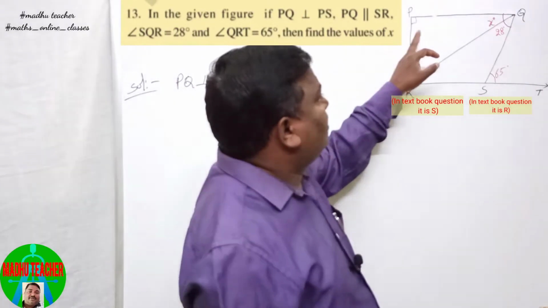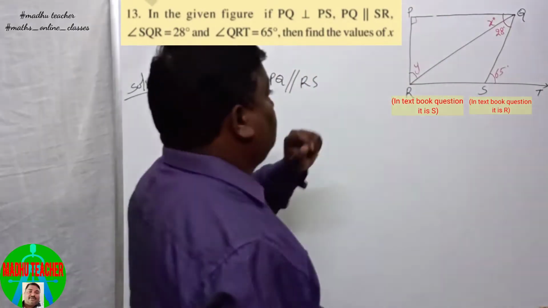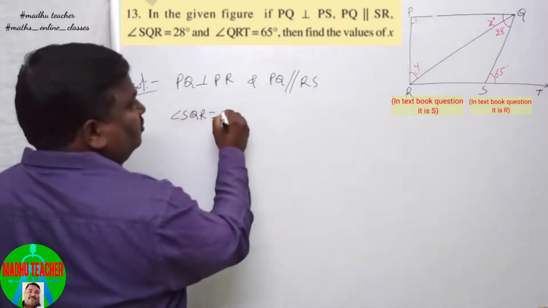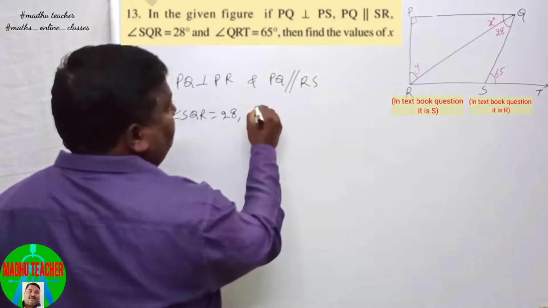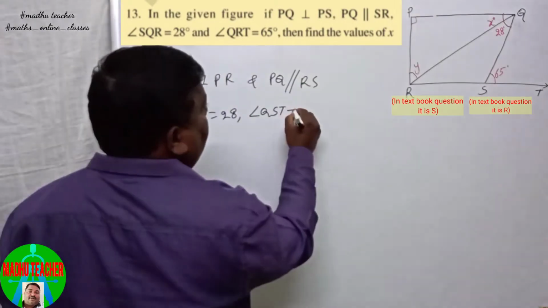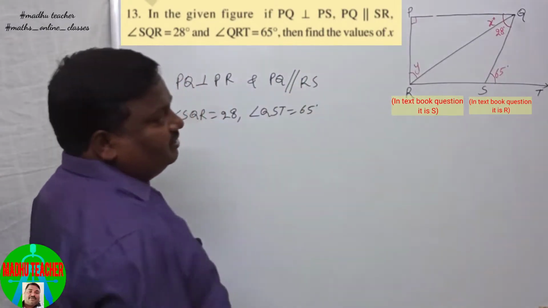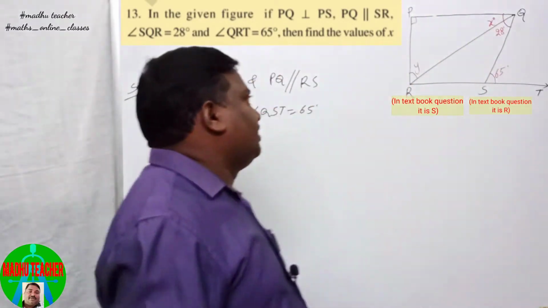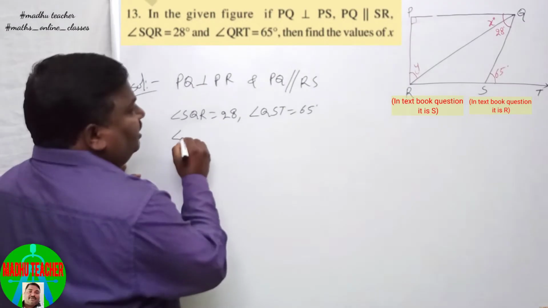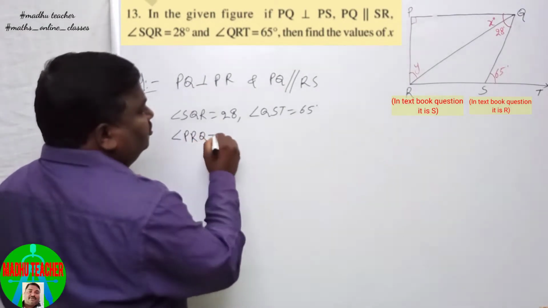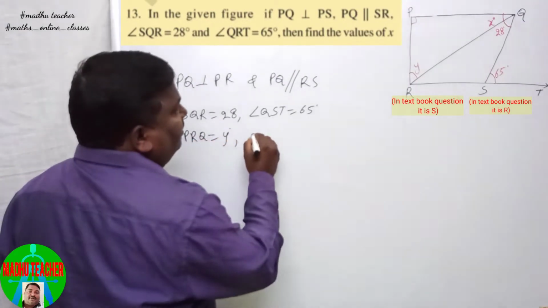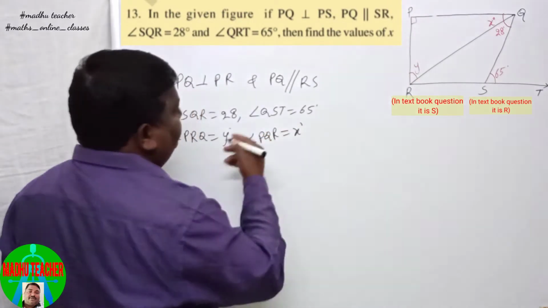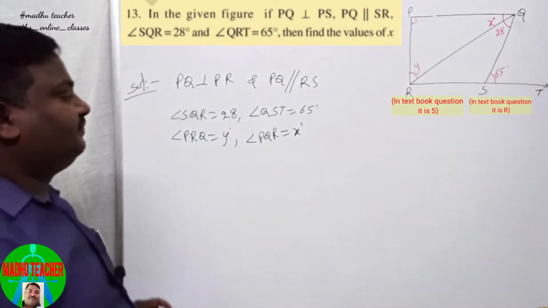These two are perpendicular and these two are parallel. Next, angle SQR equals 28 degrees, angle QST equals 65 degrees. This is given. So here PQR is a triangle, and angle PRQ equals y, angle PQR equals x degrees. This is the given data.